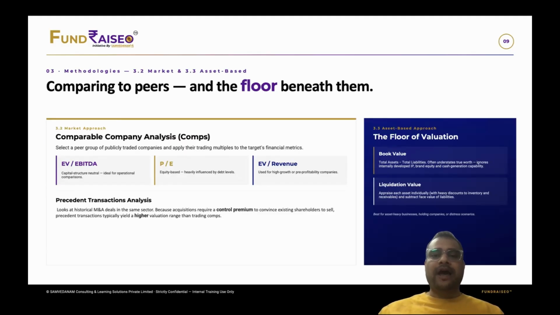You find the trading values for those companies and apply those multiples to that X company. You will try to get closer to the kind of valuation which that business is operating on.